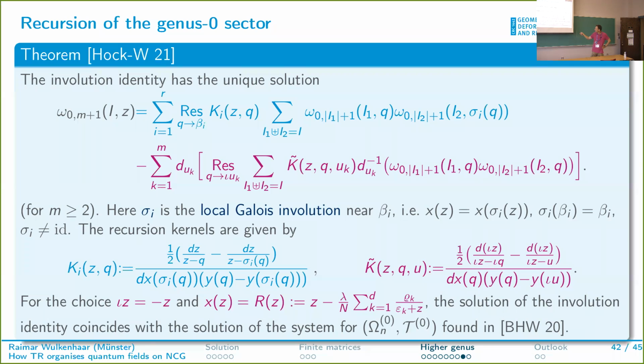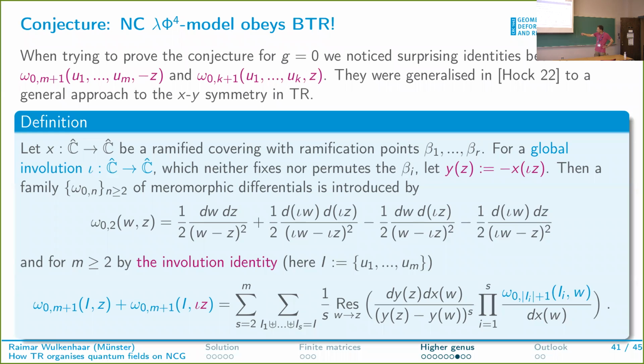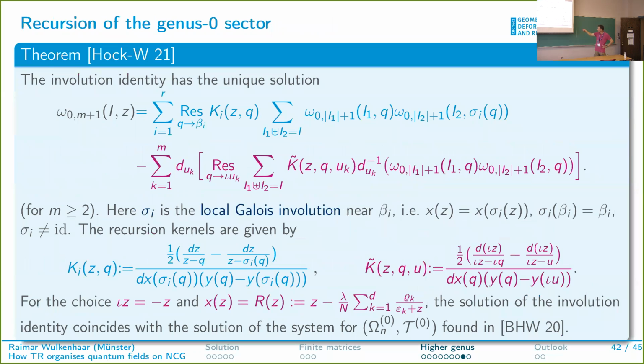So there's a new recursion formula which is extremely similar to that one, but you take the residue at the reflected point, the anti-diagonal, if you wish. Otherwise, it's the same formula.